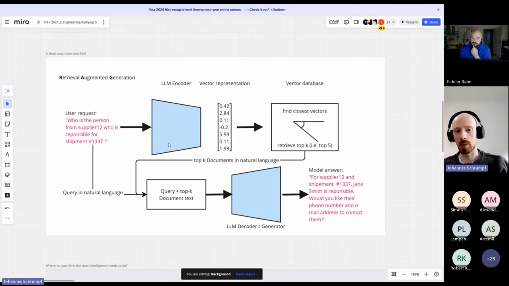Okay, so we've gone through the entire pipeline once, and I was a little bit quick, I think. So maybe it's a good time to open the space for some questions. And if you like, you can also interact with the board directly by sticking some sticky notes on it.